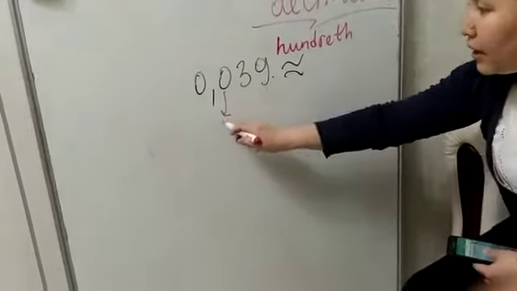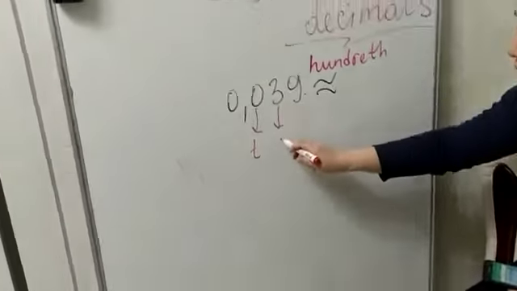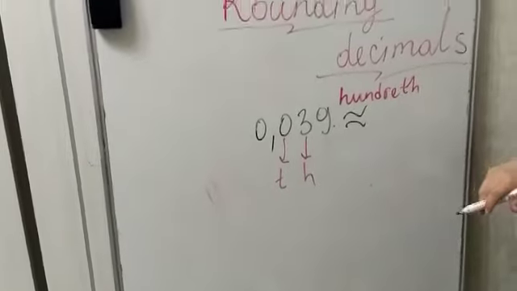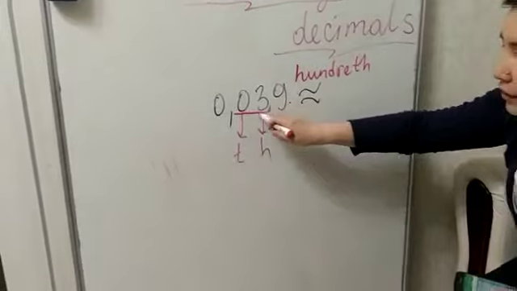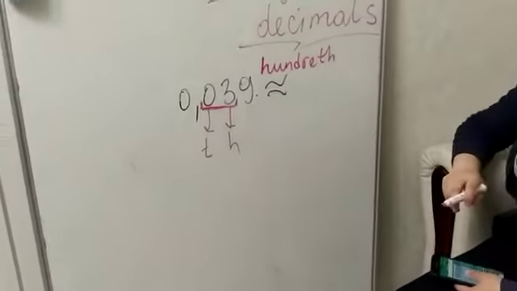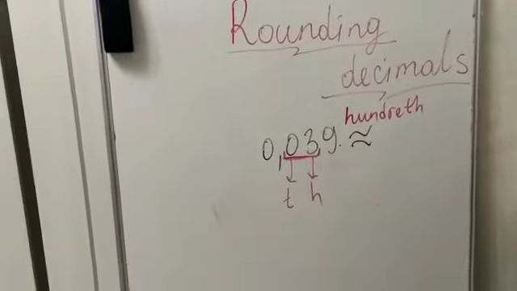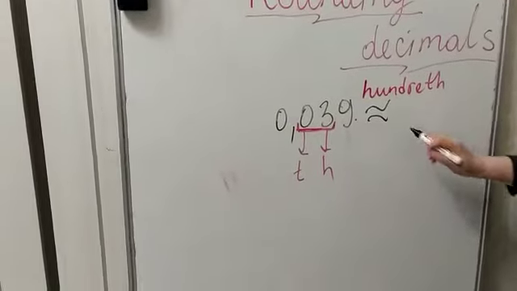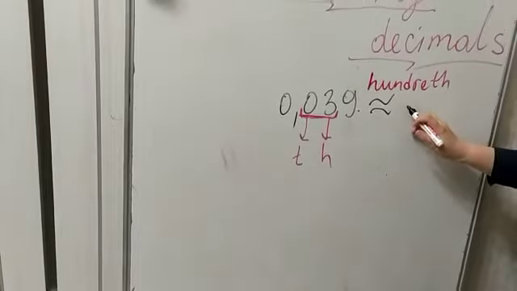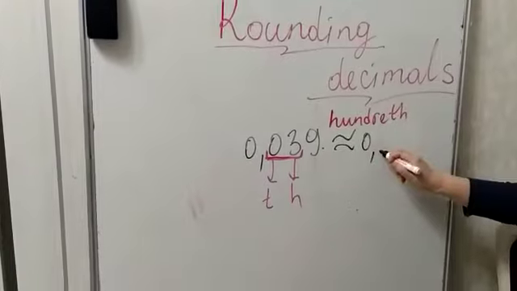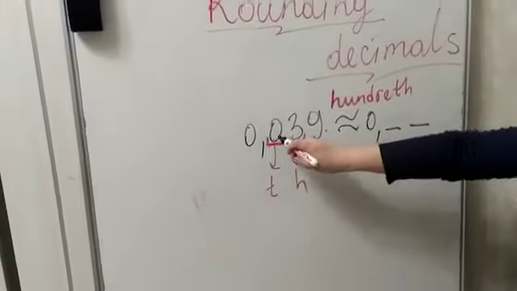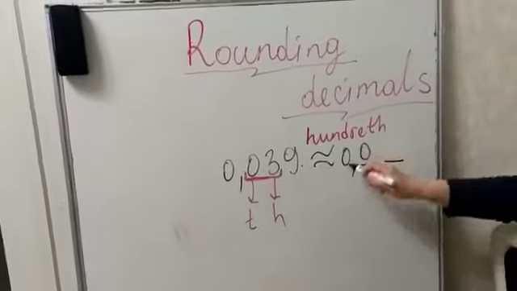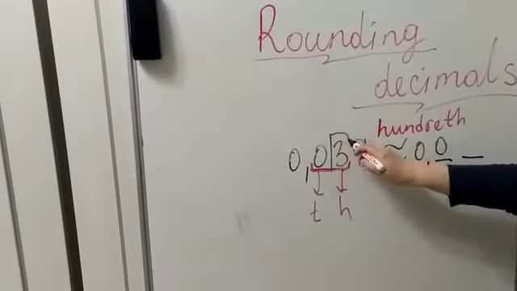If this one is the tenths, this one is the hundredths, because in 100 we have 2 zeros, so the second number after the point is the hundredths. Rounding to the hundredths means after the point you must have only 2 numbers. The first number, the tenths, we rewrite, and now we think about 3.